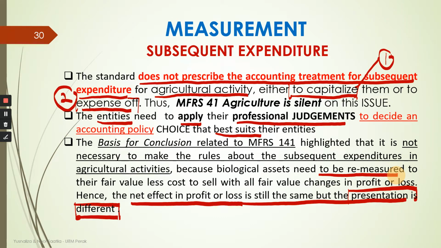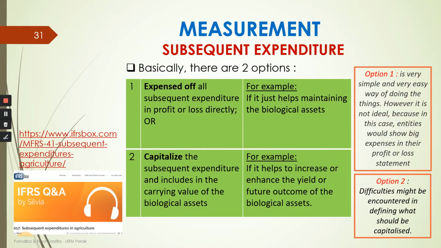So subsequent expenditure. Let's look at what are the options as I mentioned here. This has been a summary for you. So this has been the practice. For example, you can expense off subsequent expenditure if you think that it was just helping to maintain the biological asset. This is similar to MFRS 116 because there is no guidance, so you are sometimes influenced by how you treat your PPE.